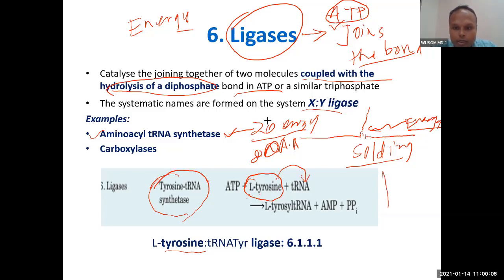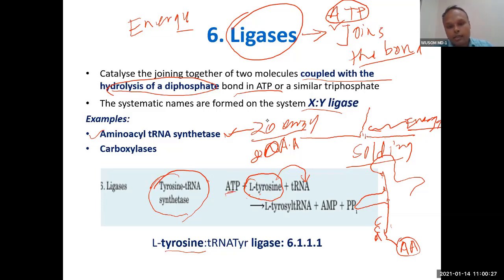This is tRNA, it will look like this. And there will be a CCA side chain here. The amino acid will be joined. So this enzyme will add this amino acid to this tRNA. That is why this is called ligase, by utilizing ATP.